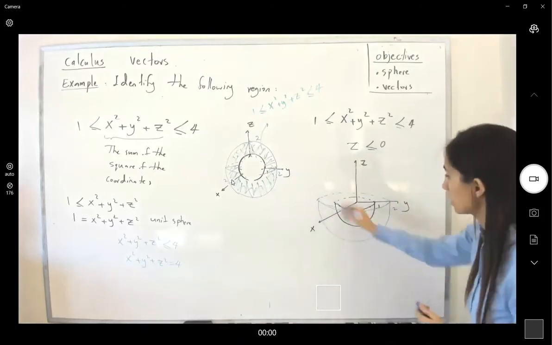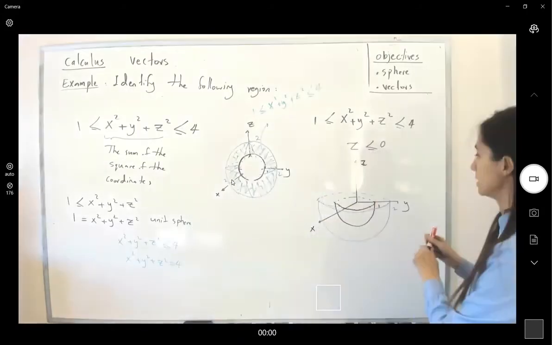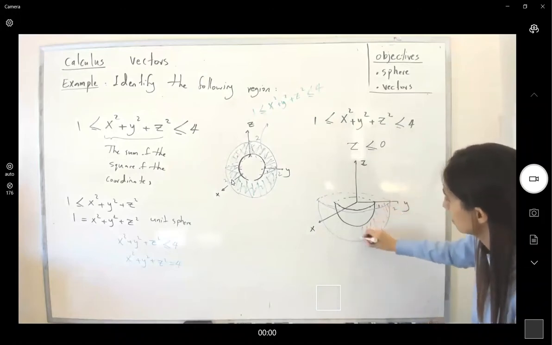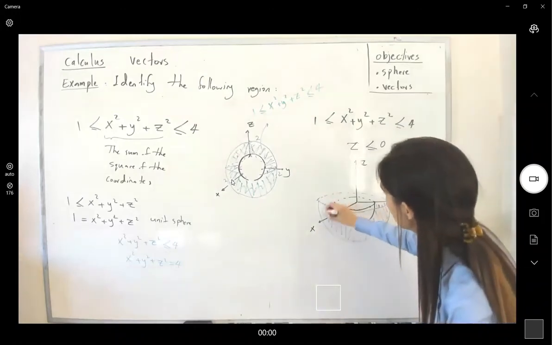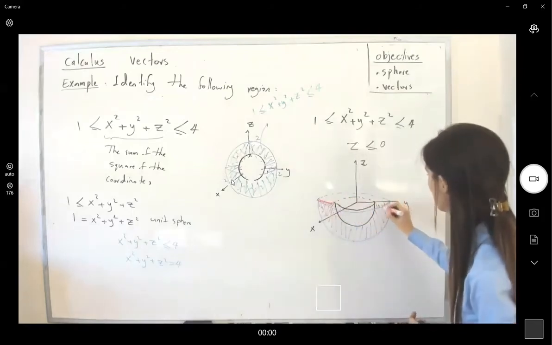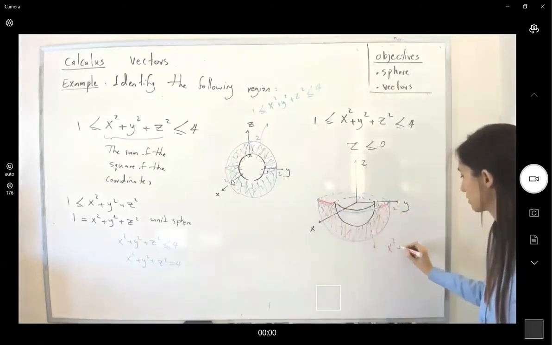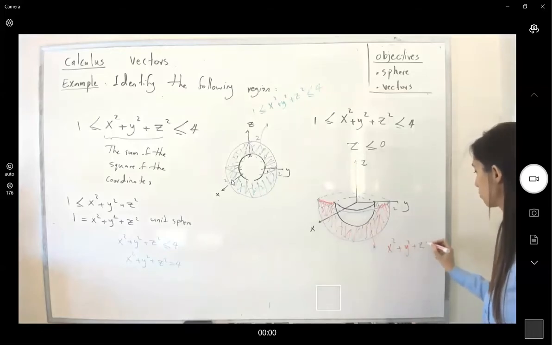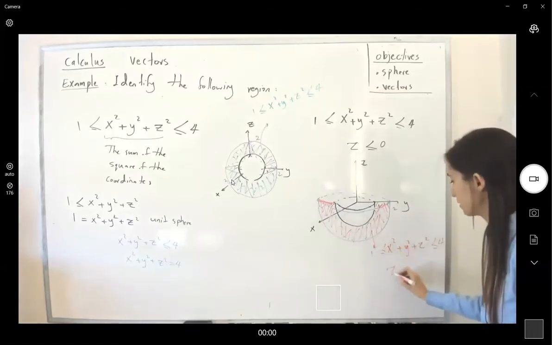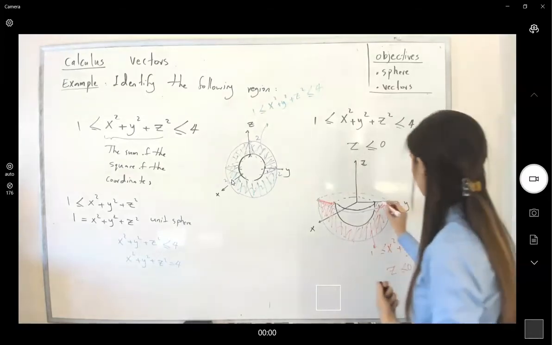So we're looking at these ones. Z is negative. So just the middle region in between these two spheres. X squared plus y squared plus z squared is bounded between 1 and 4, and z is also less than or equal to 0.